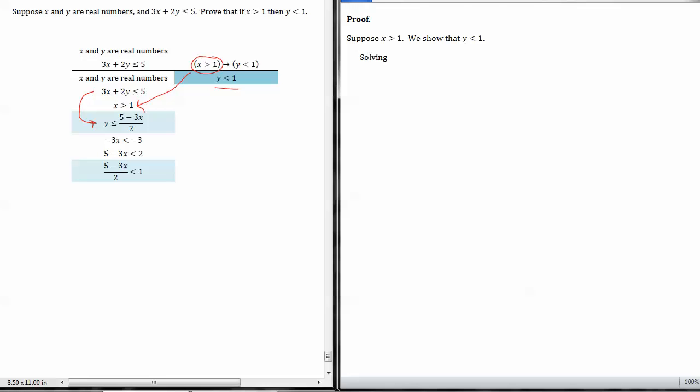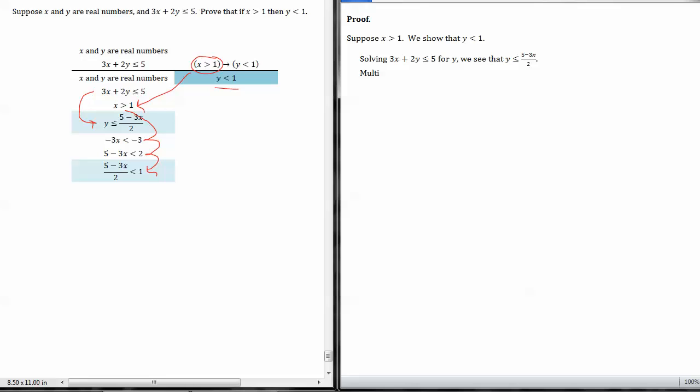So we'll say, solving 3x plus 2y less than or equal to 5 for y, we see that y is less than or equal to (5 minus 3x) divided by 2. After that, we wanted to figure out about (5 minus 3x) over 2, so we took our x greater than 1 and multiplied by negative 3, added 5, and divided by 2 to get this result.